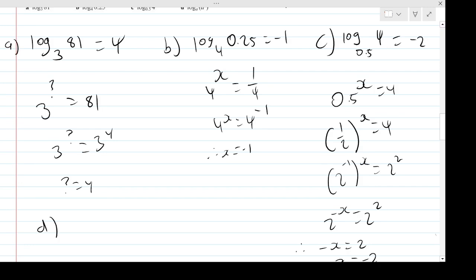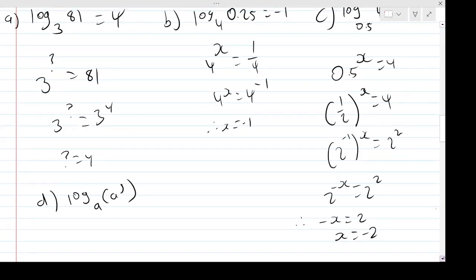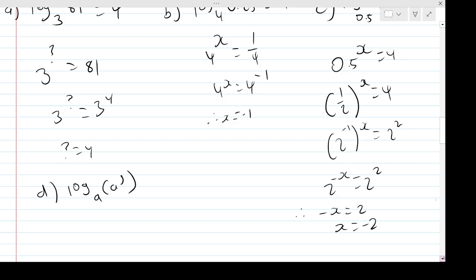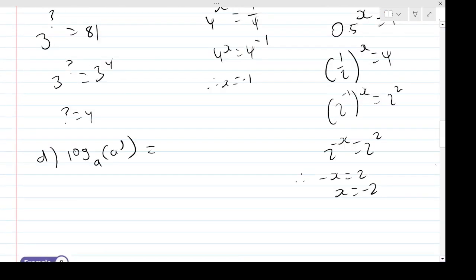Part D, we have log of base a to the a to the 5. In terms of exponentials, that's going to equal some power x. So that's saying a to the power of x has to equal a to the 5.